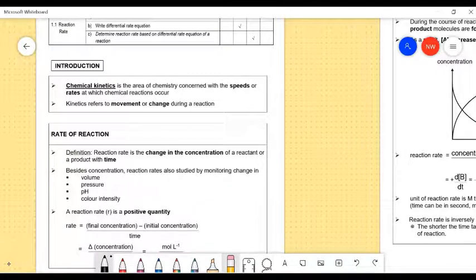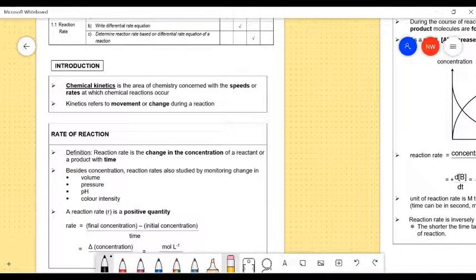So kalau kita tengok perubahan yang terjadi, selalunya kalau produk kita akan menganggap dia akan bertambah lah along the time, reactant pula akan berkurang along the time. So berdasarkan these changes, kita boleh determine kita punya kadar tindak balas. So beside the concentration, reaction rate also studied by monitoring changes in volume, pressure, pH and also the intensity of color. Make sure you remember reaction rate.